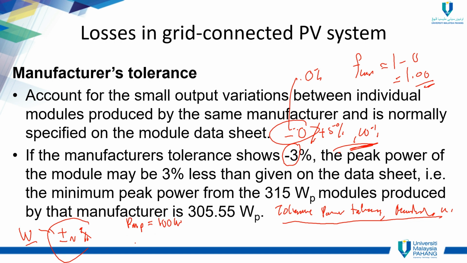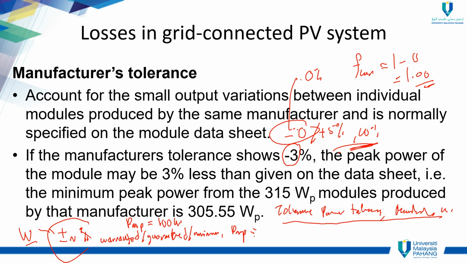Some data sheet, not all, they give another power value, but different wording. Warranted power or guaranteed power or minimum PMP. They have that kind of wording.